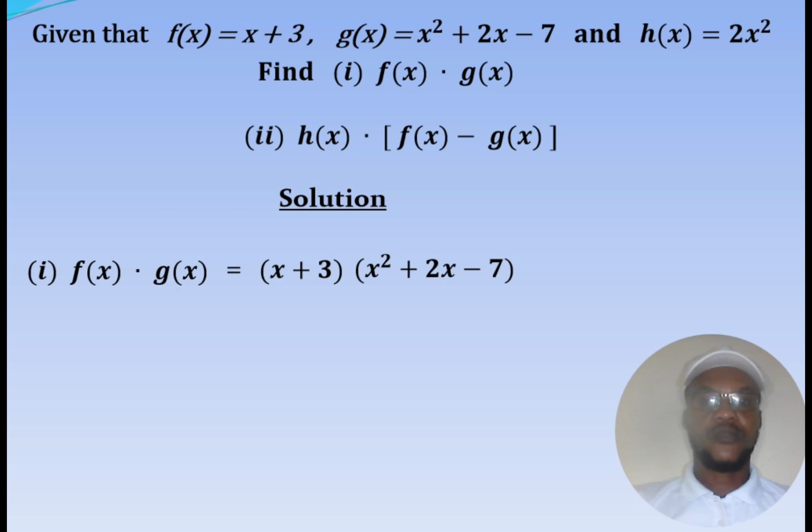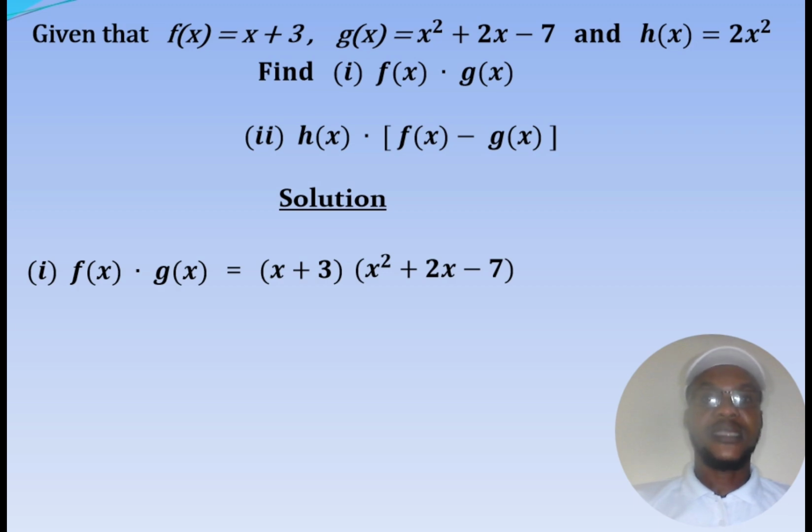When you are multiplying one bracket by another bracket, you take each term of the first bracket and multiply by each term of the second bracket, and that is what we are going to do here.